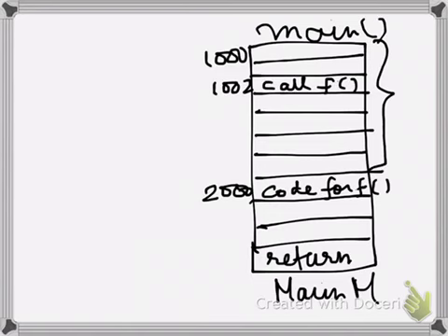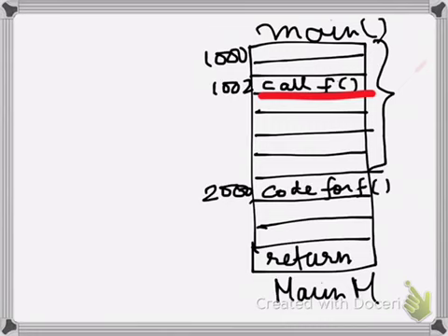You can see here call F2. Now let's see how the fetch, decode, execute cycle works.